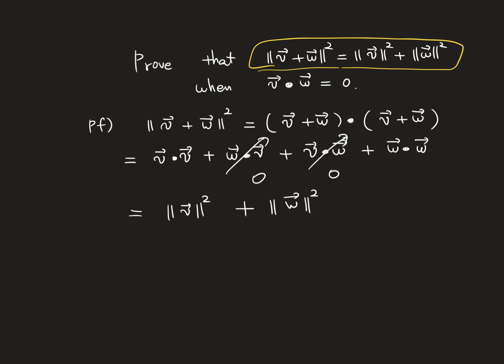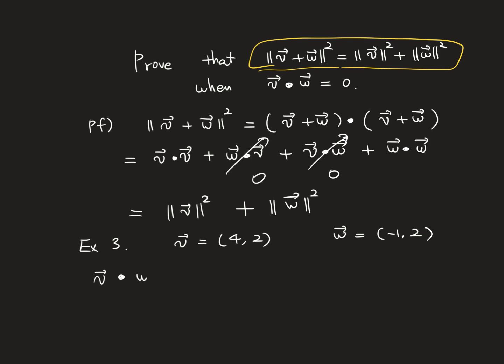And okay, example 3. W vector is -1, 2. And this is an example of how to calculate the dot product.